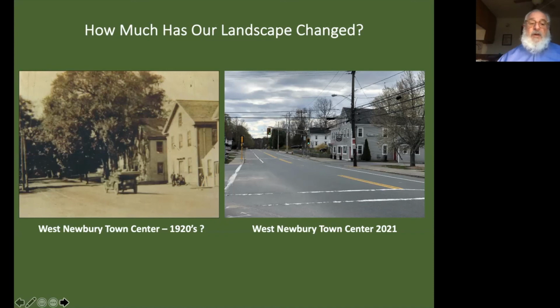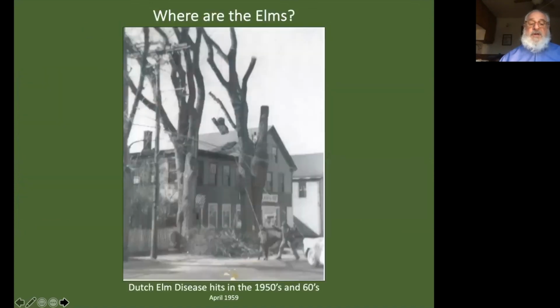But it looks to me like at least part of Main Street had much more tree cover than we have now. But again, I took all my pictures during the period of time when trees aren't leafed out. So maybe it looks a little bit more dire. But certainly this area would appear to be more forested, if you will, in early days.